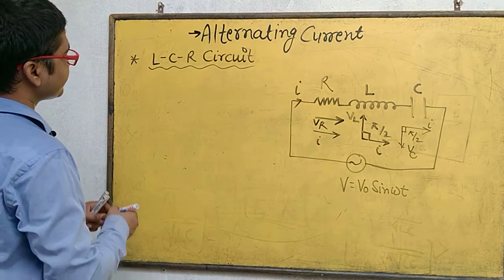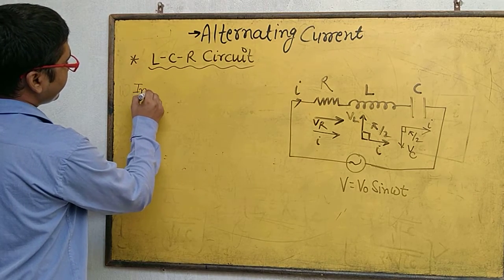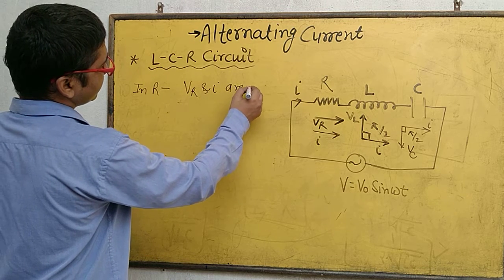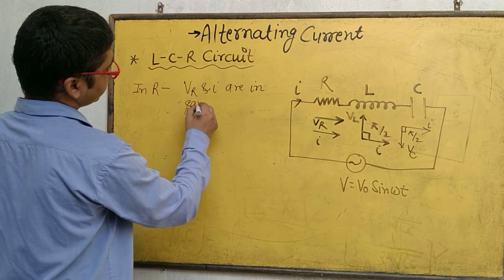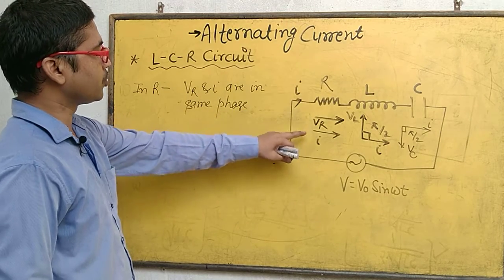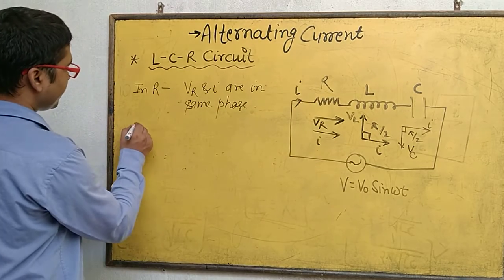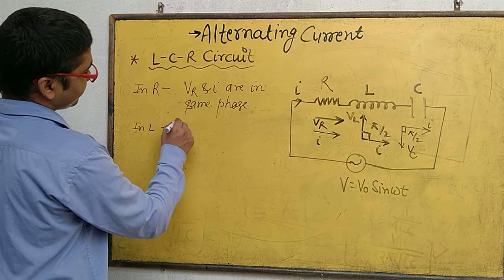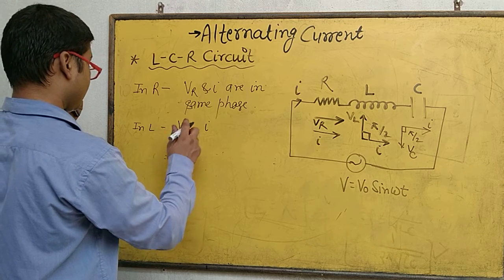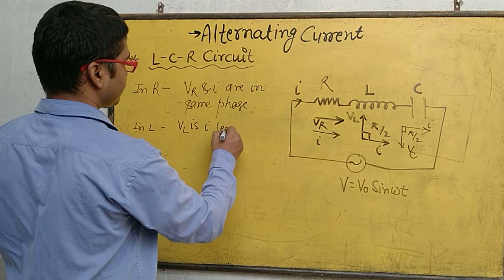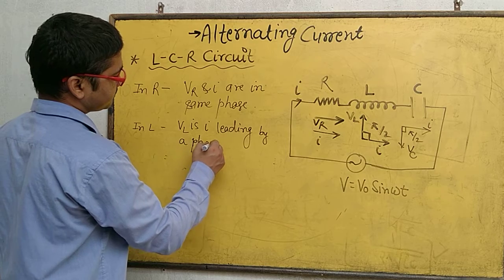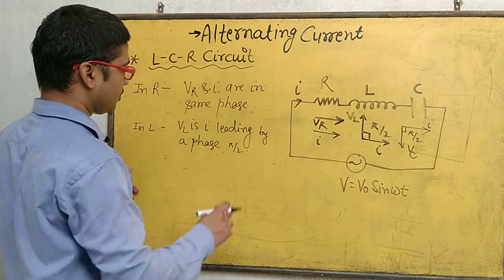Now we are going to see the phase relationship. In R, you can see VR and I are in the same phase, or you can say the phase difference between I and VR is 0, so they are drawn parallel to each other. In inductor L, VL is leading the current by a phase pi by 2.